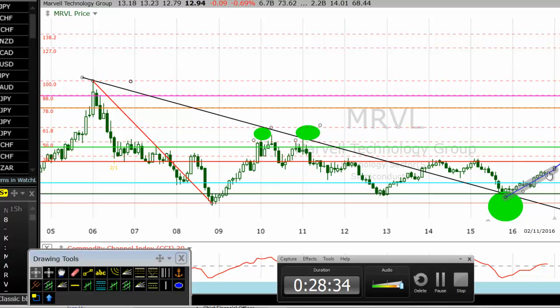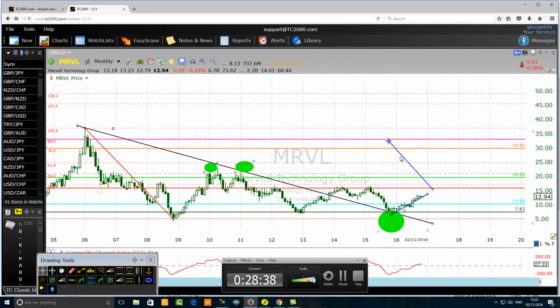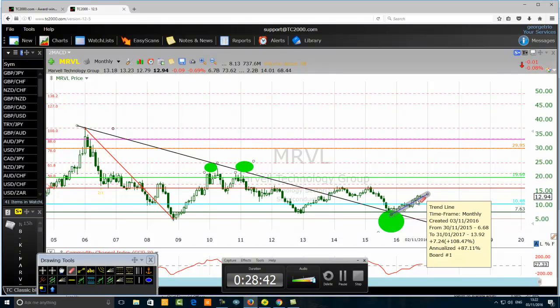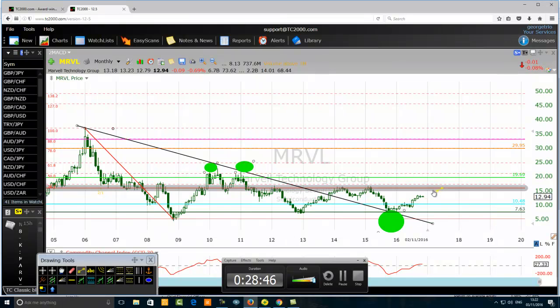Now, above that $10.48, you can see that though the stock is heading towards $16, a lot of market participants will prefer it to pull back and retest the $10.48 before going back to the $16.